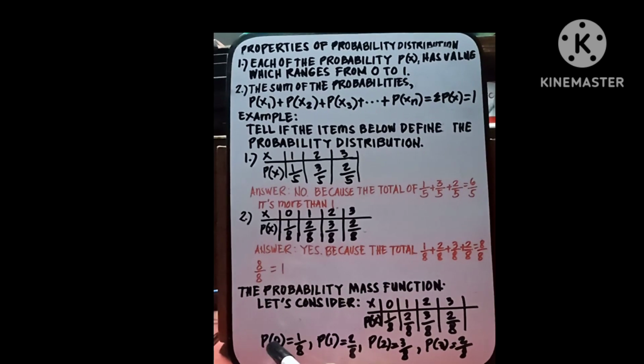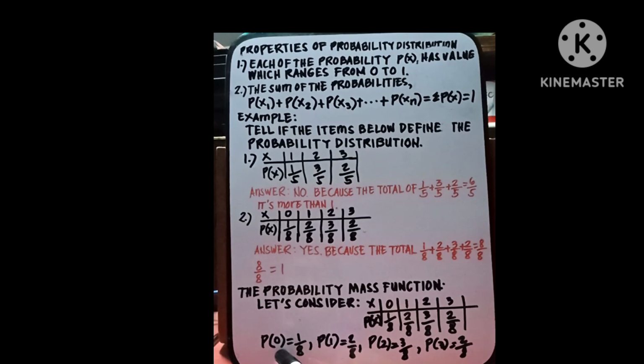We can write that as P of 0 equals 1/8, P of 1 equals 2/8, P of 2 is 3/8, and P of 3 is equal to 2/8. So there are a lot of functions, and we say that is the probability mass function.